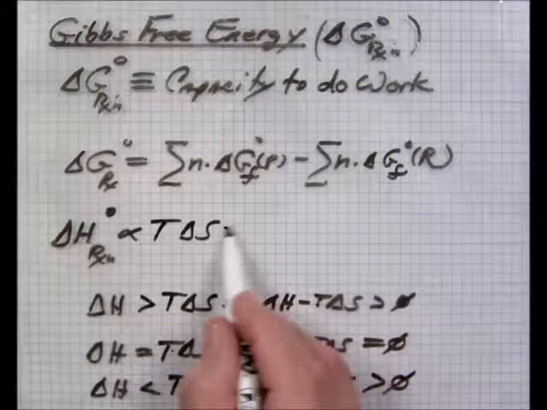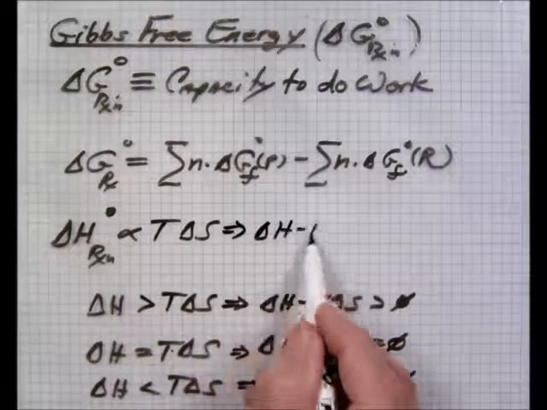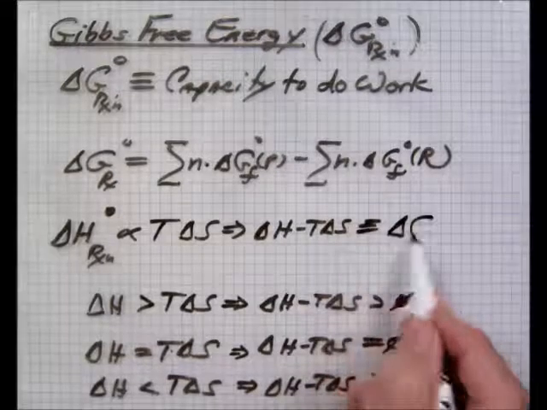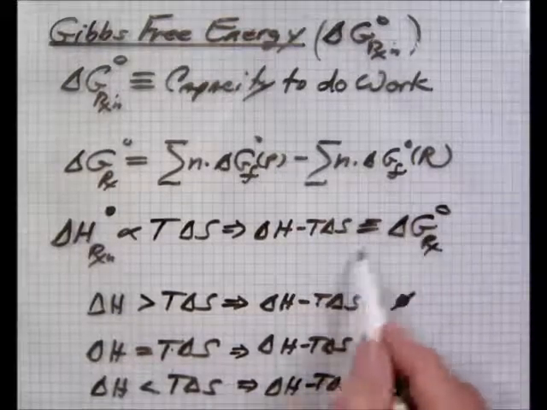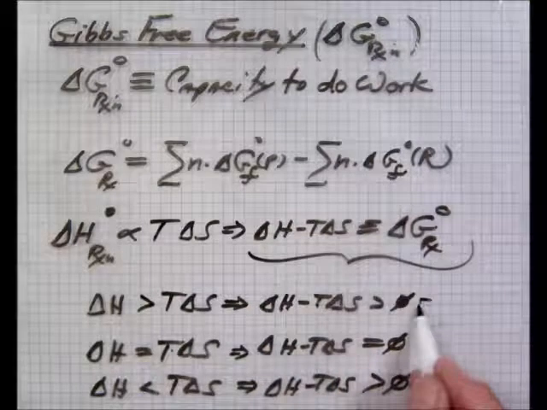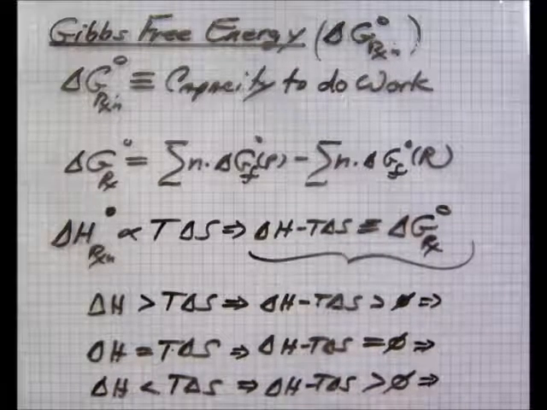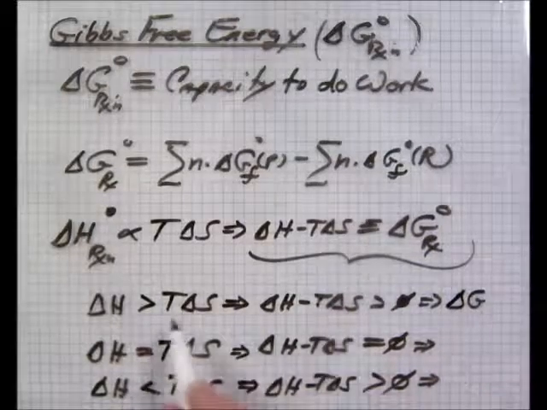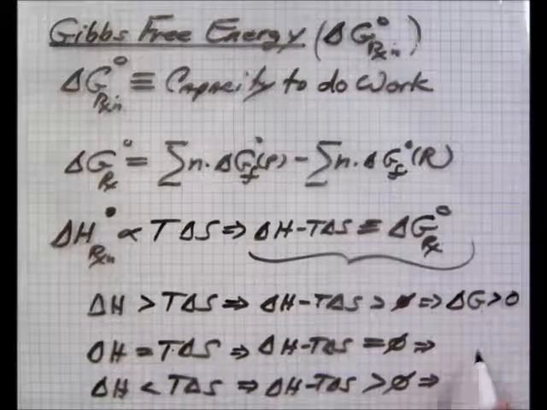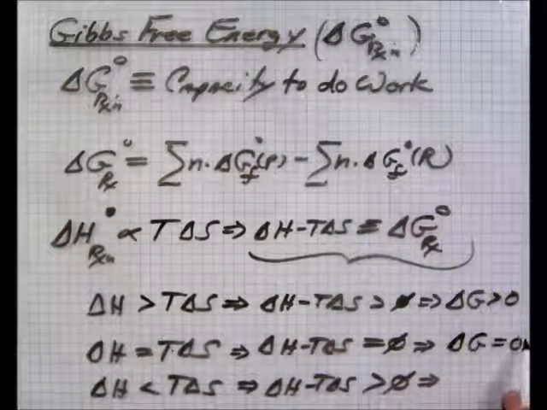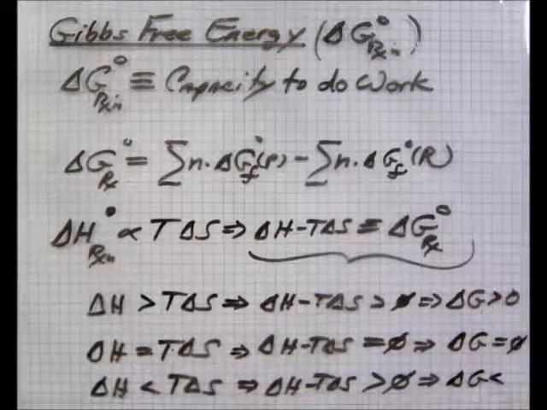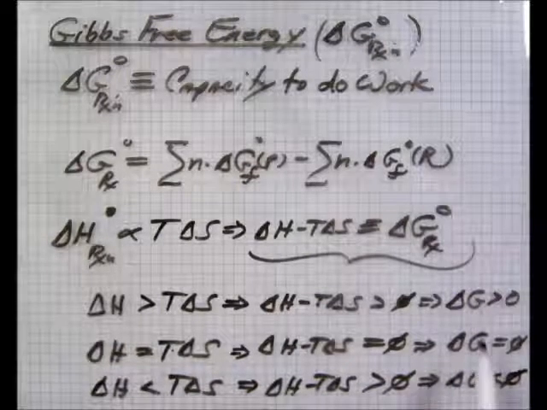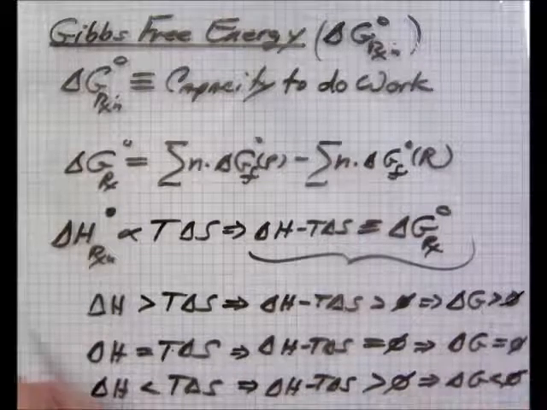Delta H minus T delta S is, by definition, delta G of the reaction. So the simplicity of what I'm trying to show you is, if delta G is greater than 0, or delta G is equal to 0, or delta G is less than 0. Okay? And if delta G is greater than 0, we have non-spontaneous.